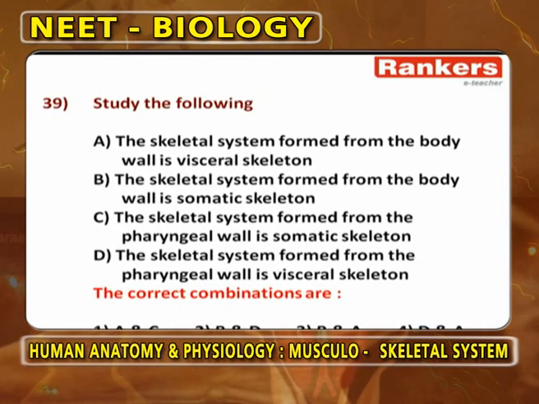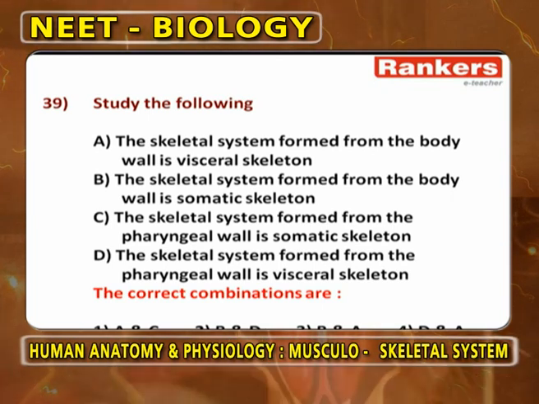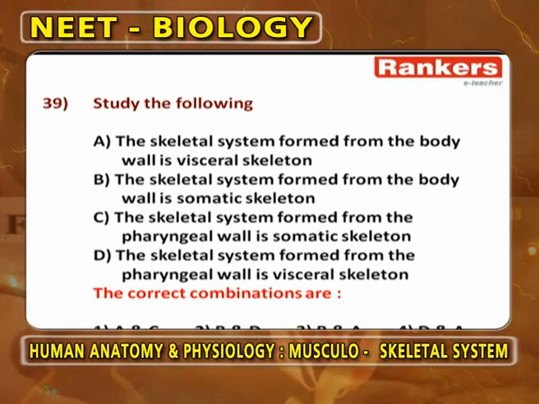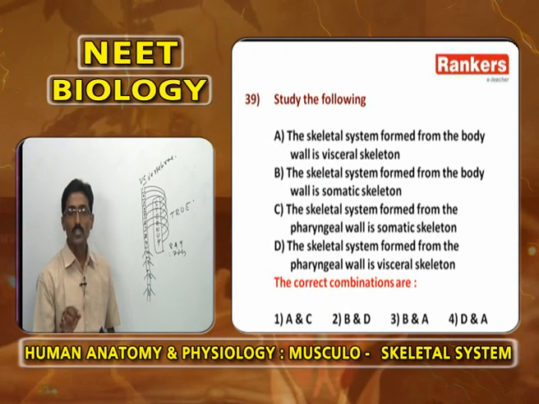Study the following and choose the correct one. The skeletal system formed from the body wall is visceral skeleton. The skeletal system formed from the body wall, somatic skeleton. The skeletal system formed from the pharyngeal wall is somatic.